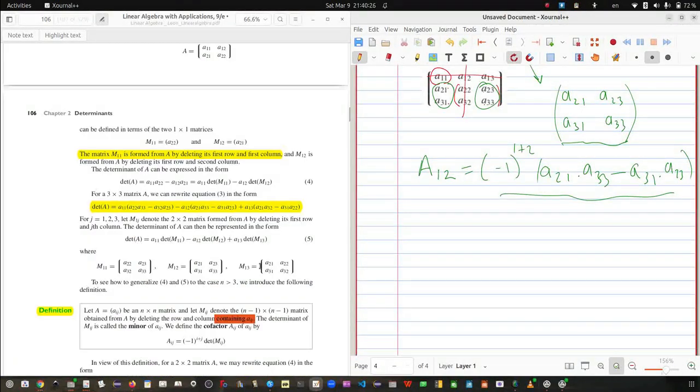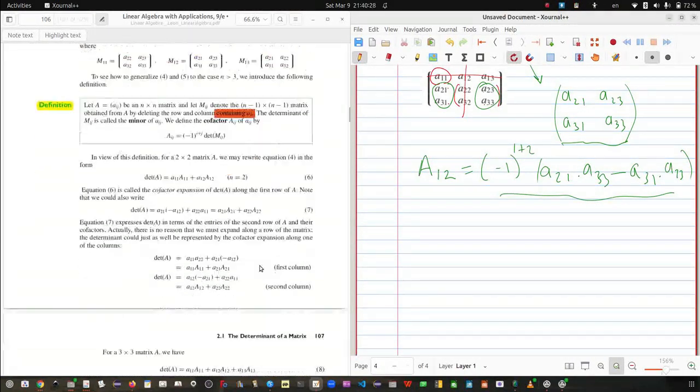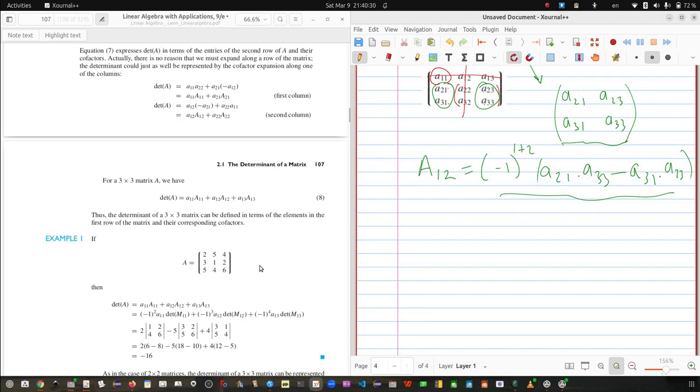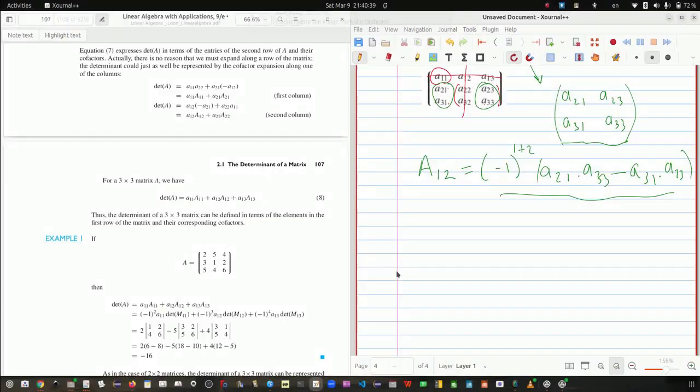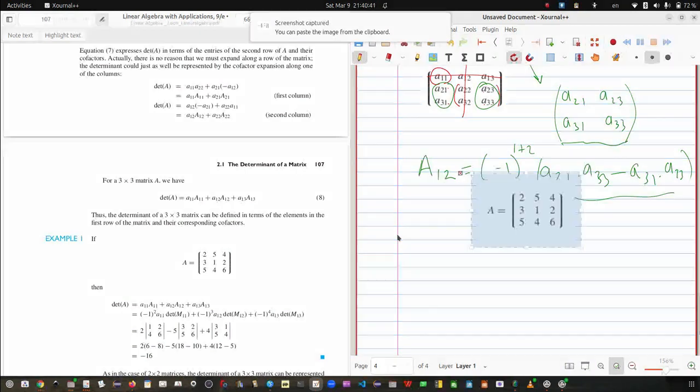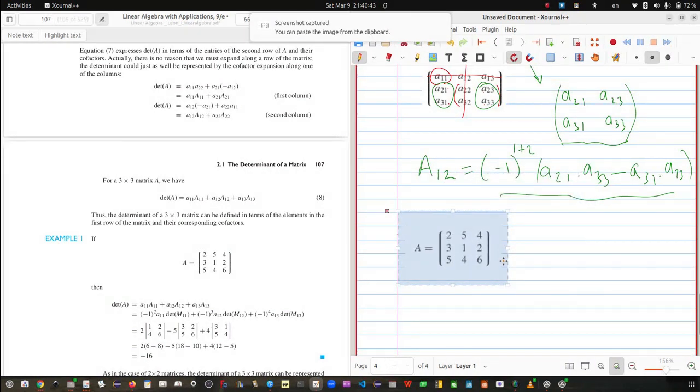Where is the number? Give me an example. Yes, these are our numbers. Let me take again this screen. This is our example. So let's say take the first row.